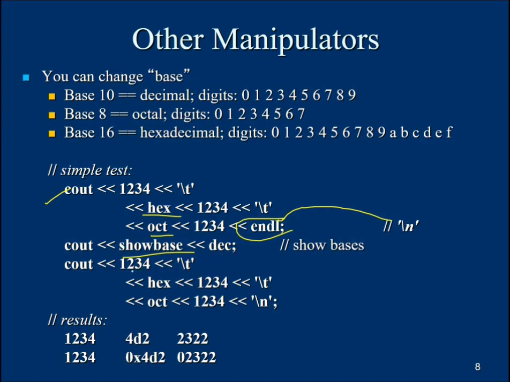Now after this, you can print 1 2 3 4, then it will be converted into hexadecimal, and then octal. In this case, after 1 2 3 4 with a tab, it will show you hexadecimal and then octal. Okay, so this is how you can use your manipulators and things which are changed by manipulators.